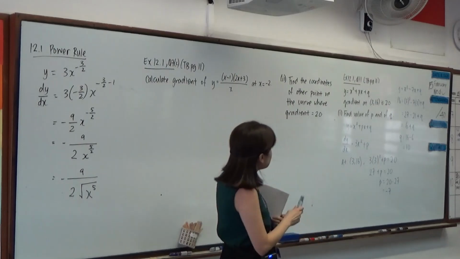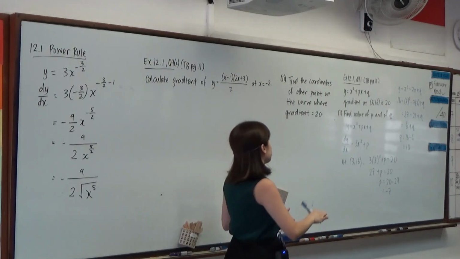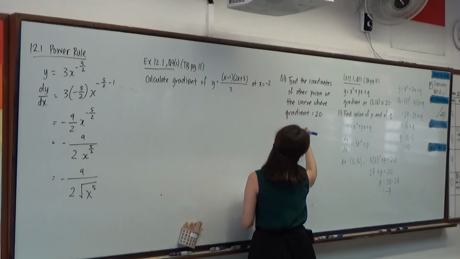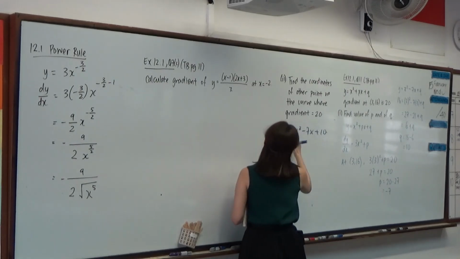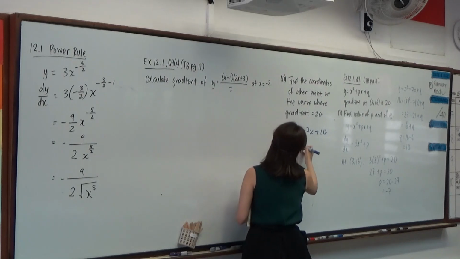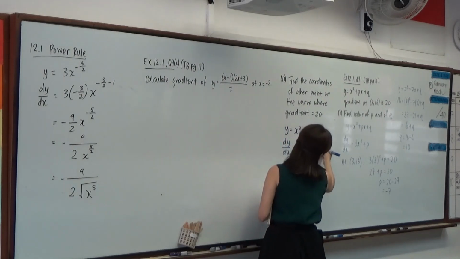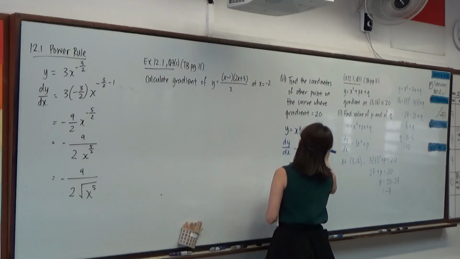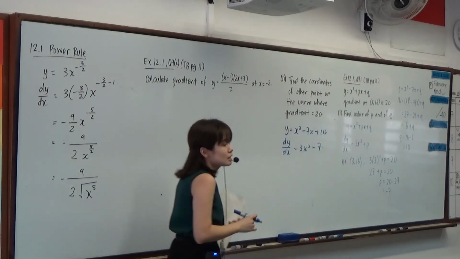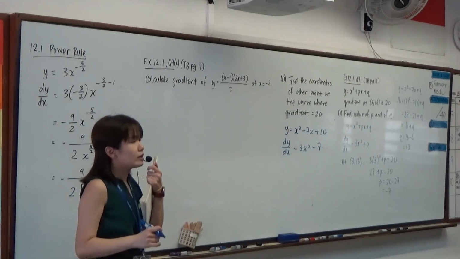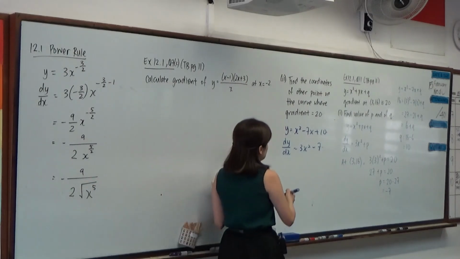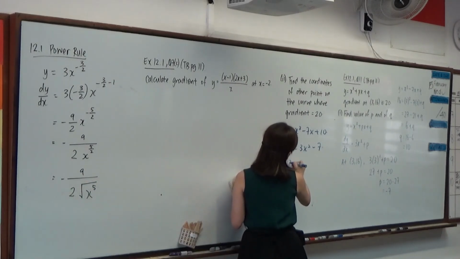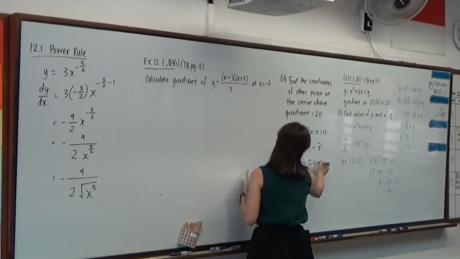Since we have already found out what p and q are, our equation is y equals x cubed minus 7x plus 10. In other words, dy over dx is 3x squared minus 7. We want the other point on the curve that has that same gradient. So we are trying to solve 3x squared minus 7 equals 20.